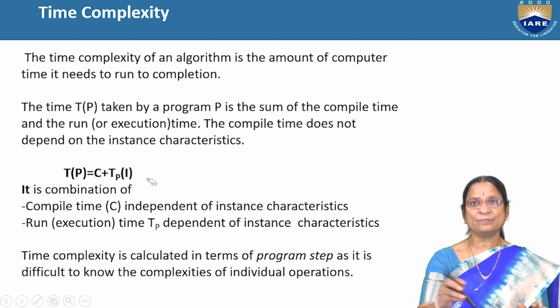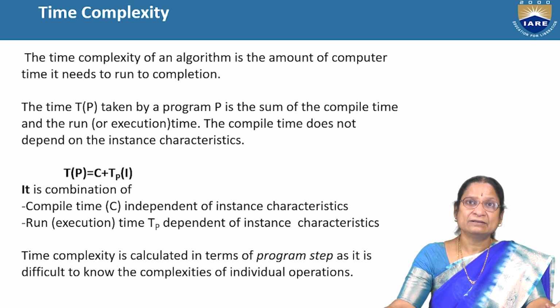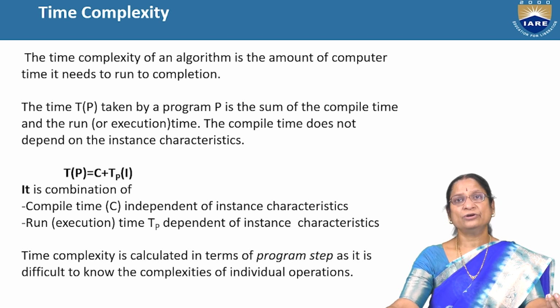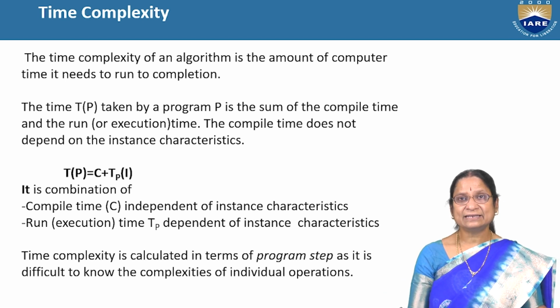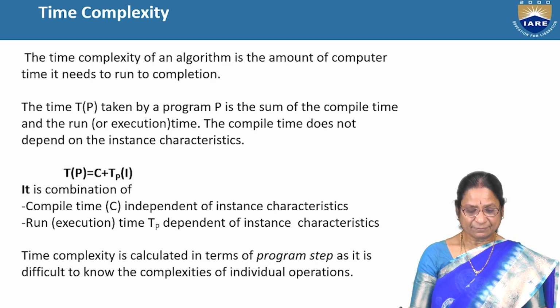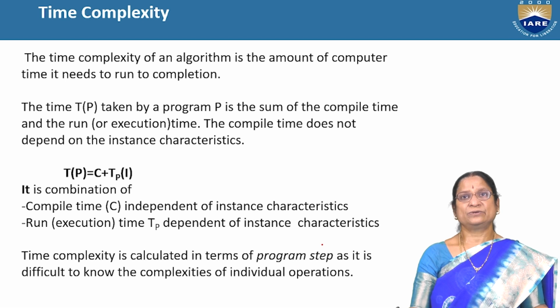As I just told you, to sort 10 numbers, 100 numbers, 10,000 numbers, a million numbers, depending upon the size of your input, the time taken to do the sorting varies. So the result of the problem depends upon the size of the input also. The time complexity is calculated in terms of the execution.